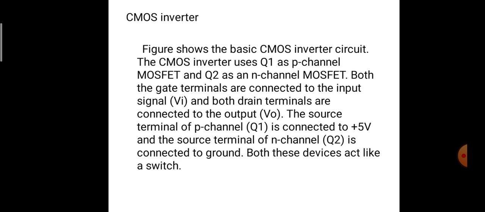Both the gate terminals are connected to the input signal Vi and both drain terminals are connected to the output Vo. The source terminal of P channel, that is Q1, is connected to plus 5 volt and the source terminal of N channel, that is Q2, is connected to ground. Both these devices act like a switch.